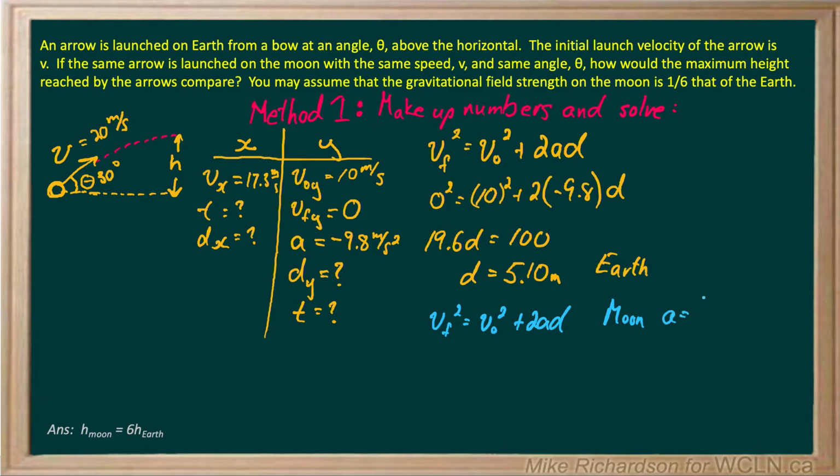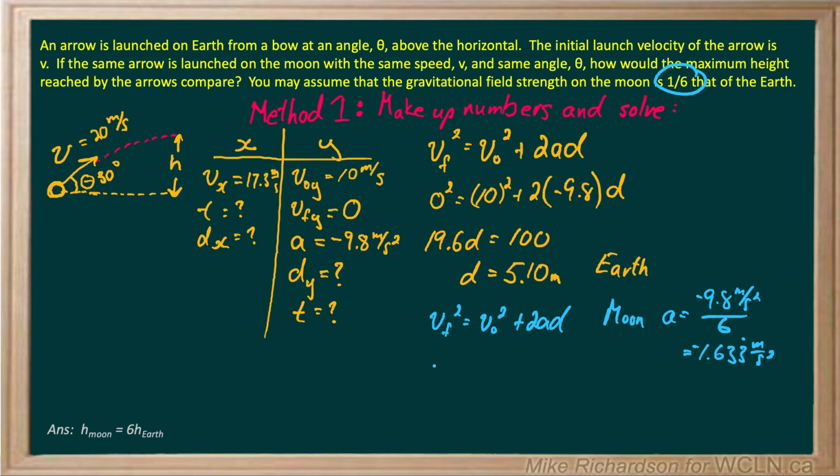So A is just going to be -9.8 divided by 6, because it's 1/6 that of Earth. So when I work that out, 9.8 divided by 6, I get the acceleration due to gravity on the moon to be 1.633 repeating. And it's still down, it's still negative. It's just weaker than that on the Earth.